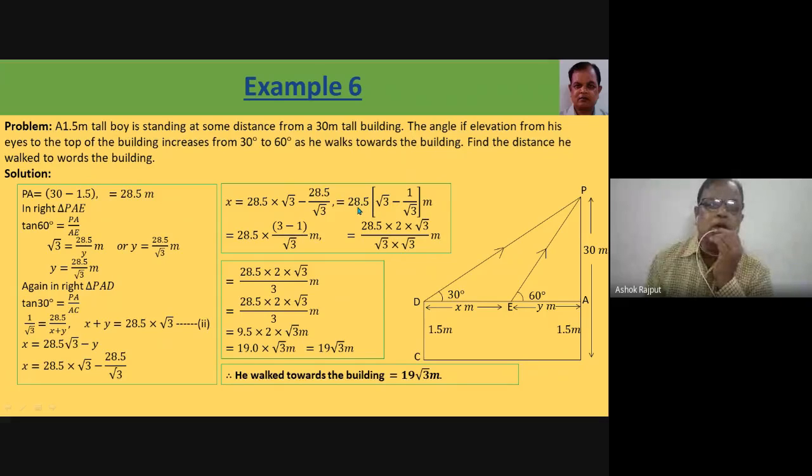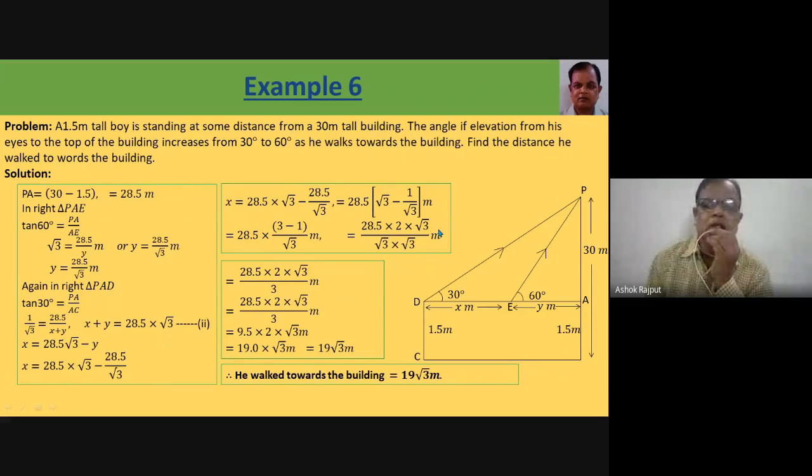We can take common 28.5, it is root 3 minus 1 by root 3, then root 3 into root 3 it is 3. Now 3 minus 1 it is 2, so 28.5 into 2 by root 3.